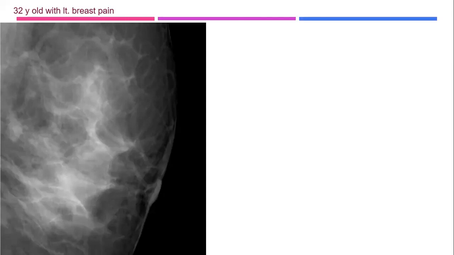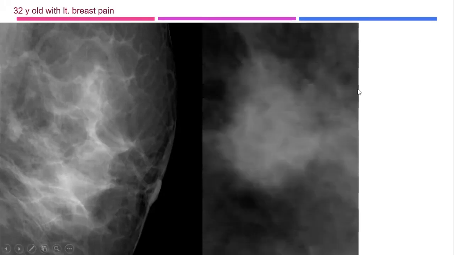It looks like an oval lesion, and because she's a young lady, you might think about a fibroadenoma or something like that. But this zoom view demonstrates the subtle spiculation, which becomes more evident on the spot compression magnification view.